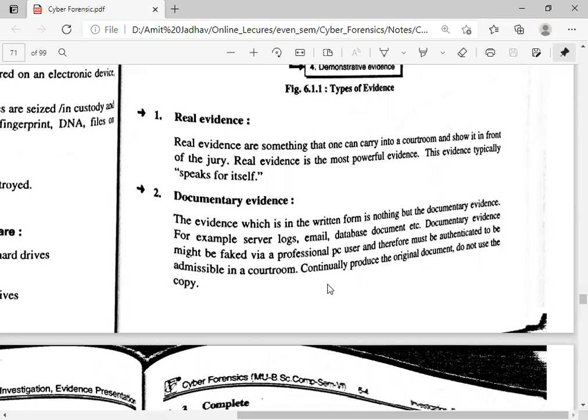So documentary evidence is nothing but the evidence collected by the forensic team, maybe an email, server log, database documents, or any documentary. It may be possible to create a duplicate because of the digital environment where we can create anything digitally. So it should be authenticated before it is presented in a court.